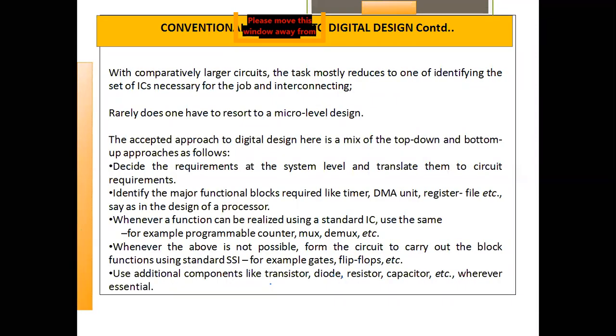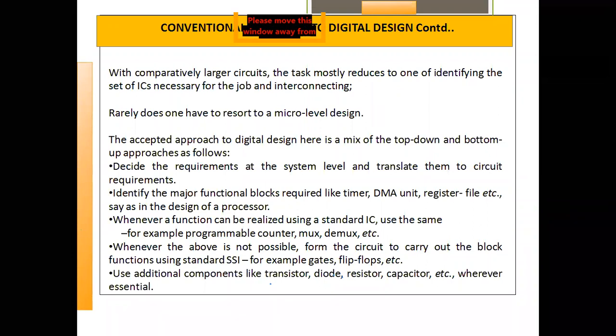So we have seen the conventional approaches. First, we have to identify the system requirements. Then we go for circuit requirements, and identify the different types of memories or standard ICs we require, such as mux, demux, and counters.